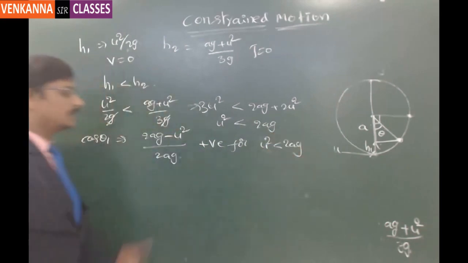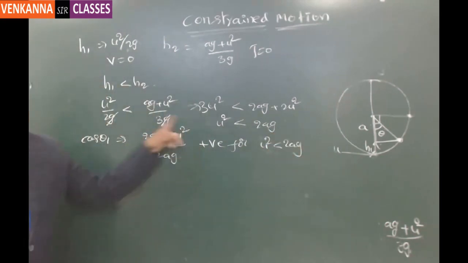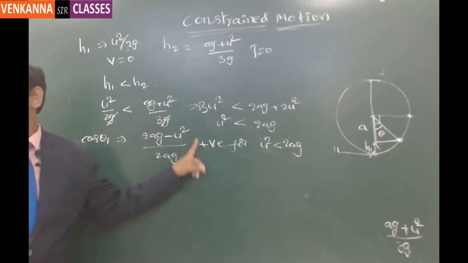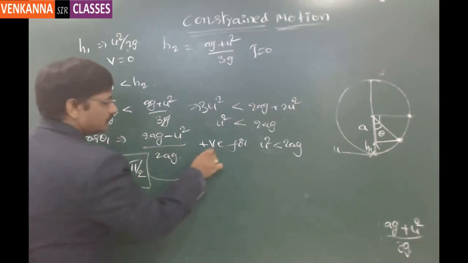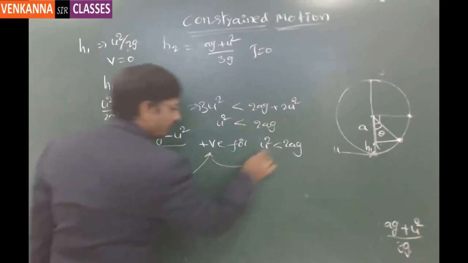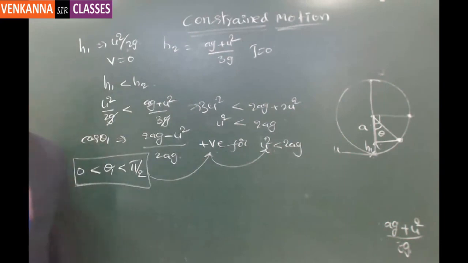So if this value is coming out to be a positive value, hence cos theta 1, or theta 1, is always in between 0 to pi by 2. This is the condition because of this reason. Got it?